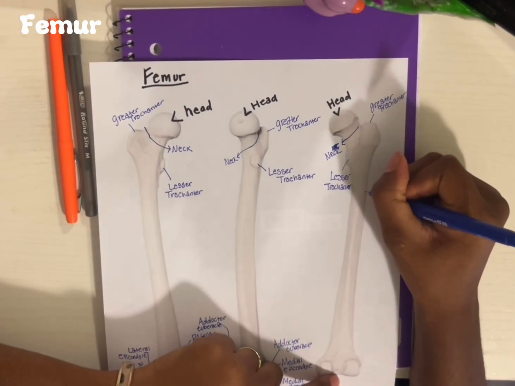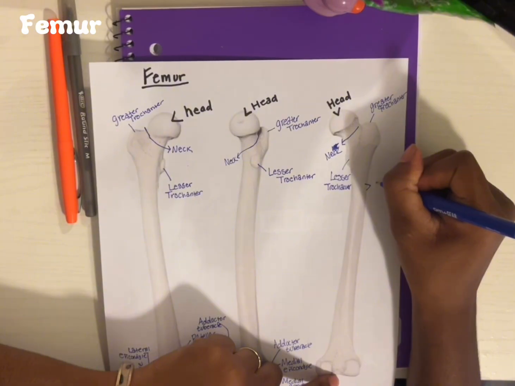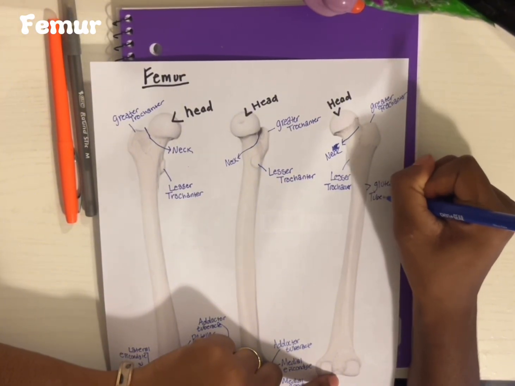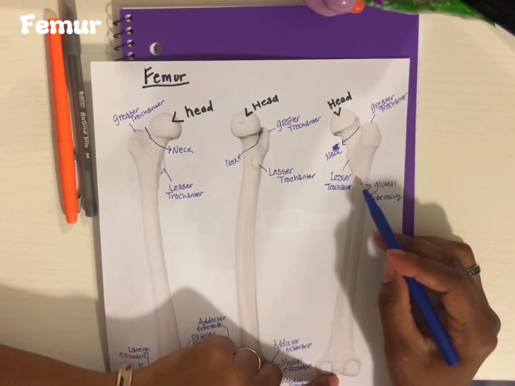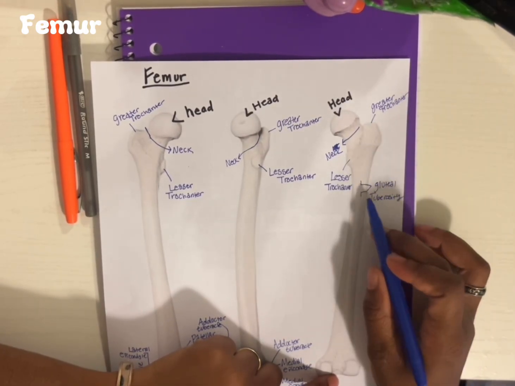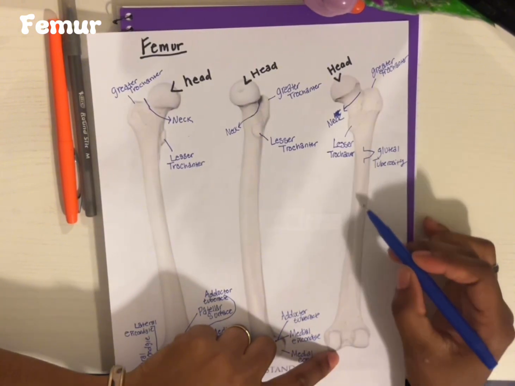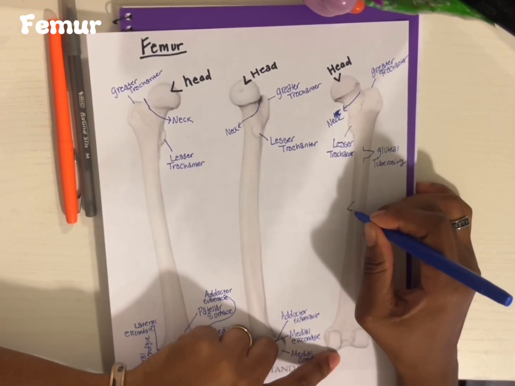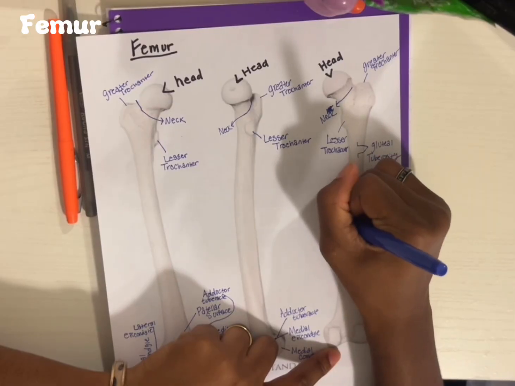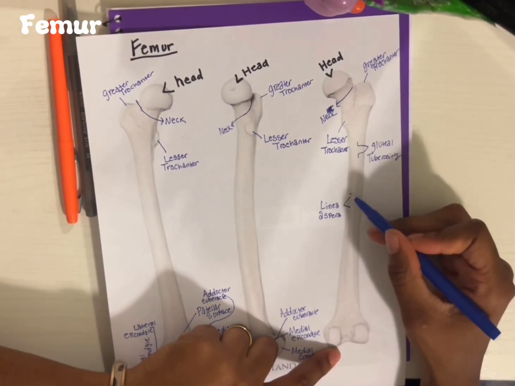Okay, so this right here is going to be your gluteal tuberosity, just kind of along these lines right here. This is not one that I need to know, but I'm still gonna do it. This right here is called your linea aspera.